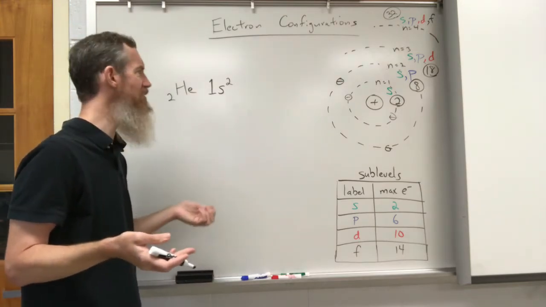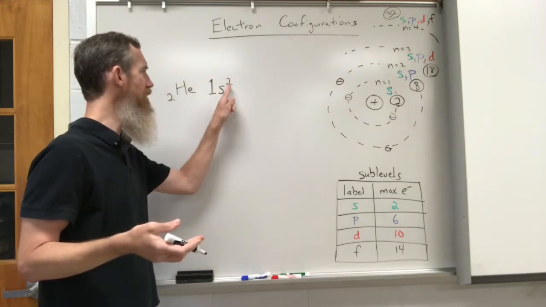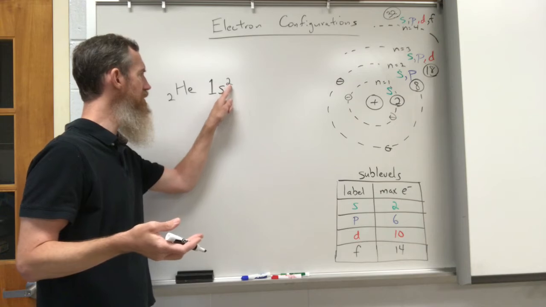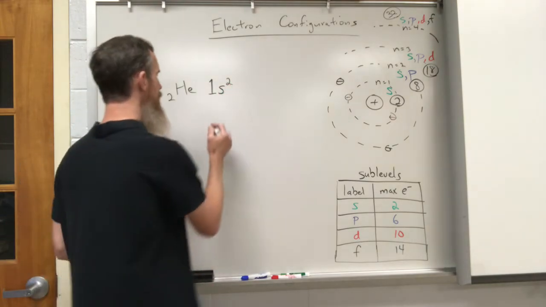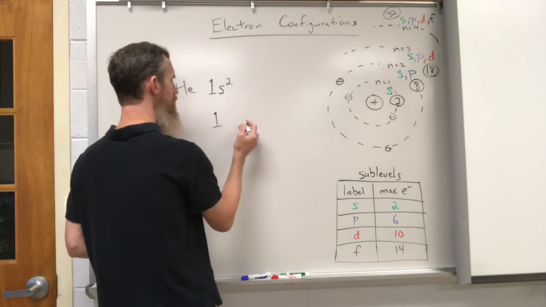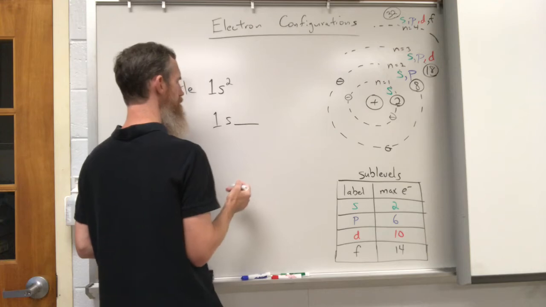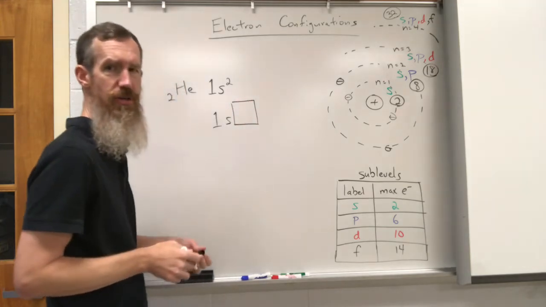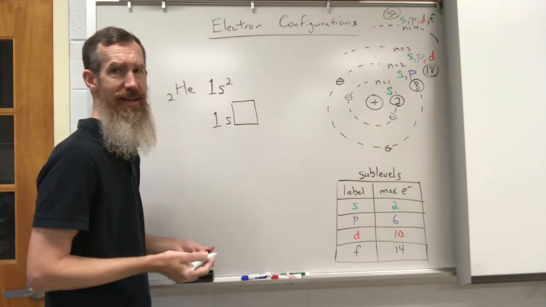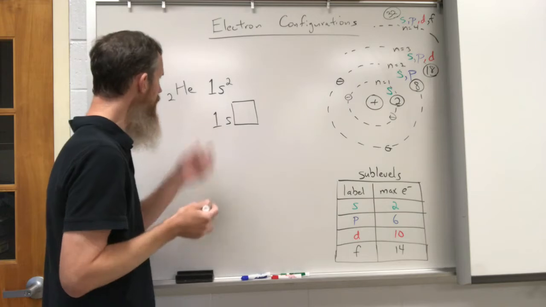It's a weird notation. Chemists use it. It says there are 2 S electrons in the first major energy level. And if we write that with the box or the line representing those electrons, now, the one sheet I'm going to start you off with is boxes, but you're going to find out I generally tend to go to lines later. And I want to write those 2 electrons in here.